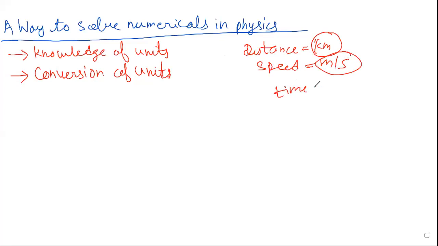If I want to calculate time, it will be distance over speed. So if distance is 10, speed is 5, then 10 kilometer upon 5 will be wrong. Why? Because the units are not the same. So knowledge of units, then conversion. For meter per second, I can convert kilometer into meters by multiplying by 1000. Now I will get 10,000 divided by 5.